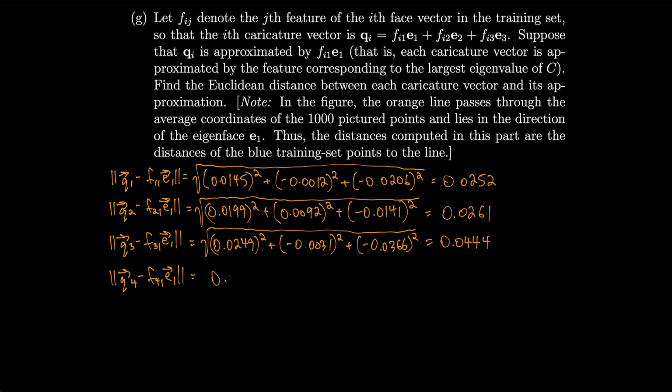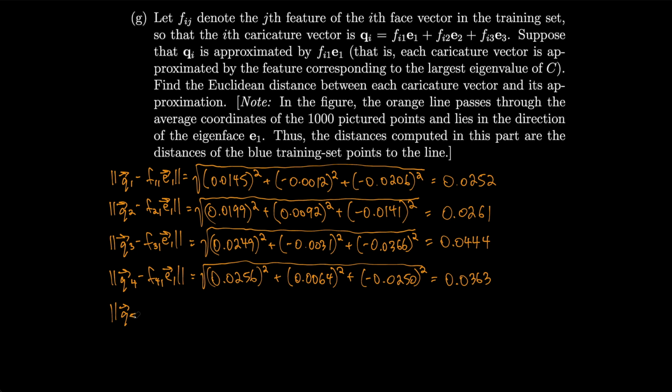So 0.0256 squared plus 0.0064 squared plus 0.0250 squared, 0.0363.